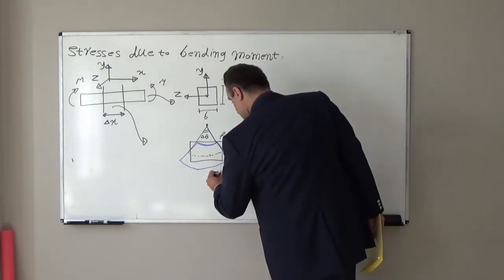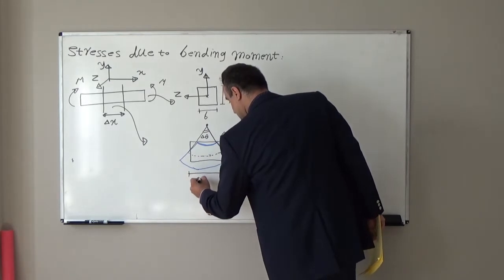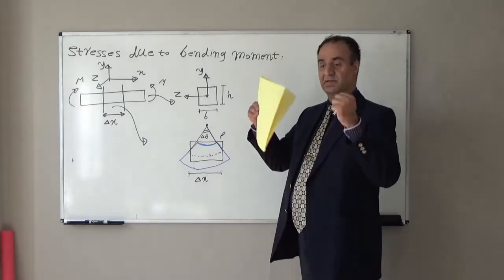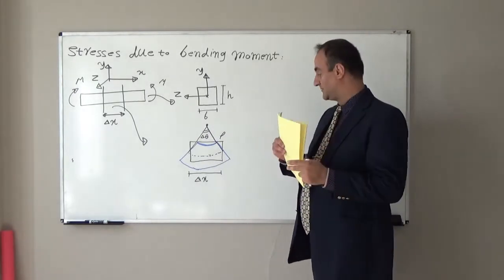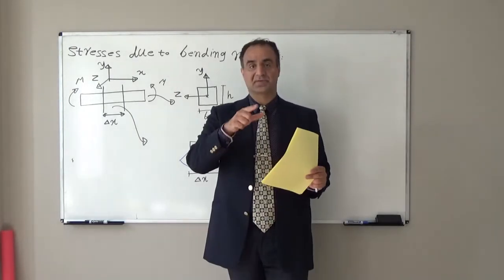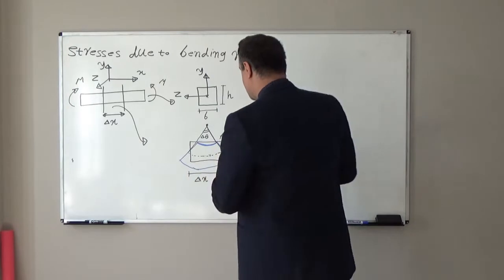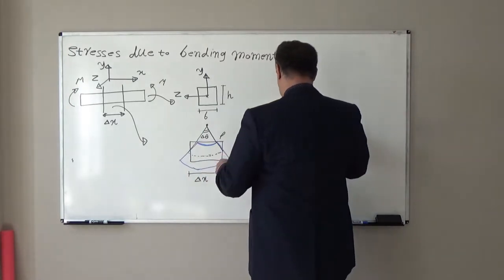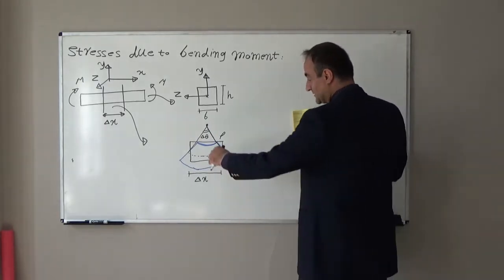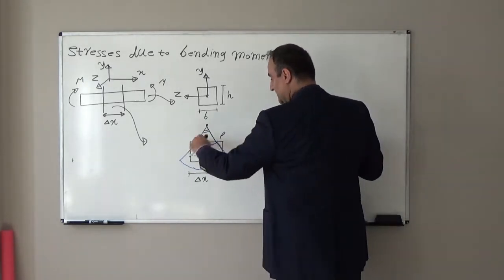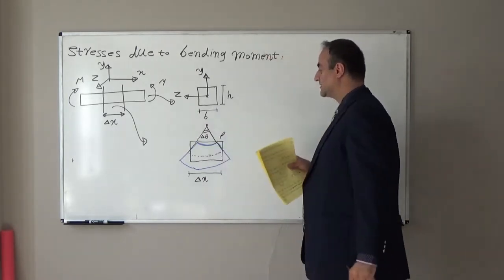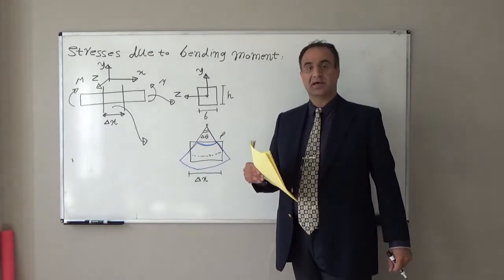Initially the length was delta x. Then we will have curve shape. Initially it is straight beam, then we will have curve shape. And this angle of the curvature, we will assume it is delta theta.